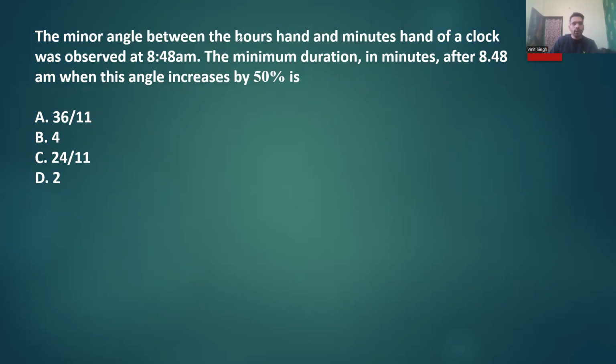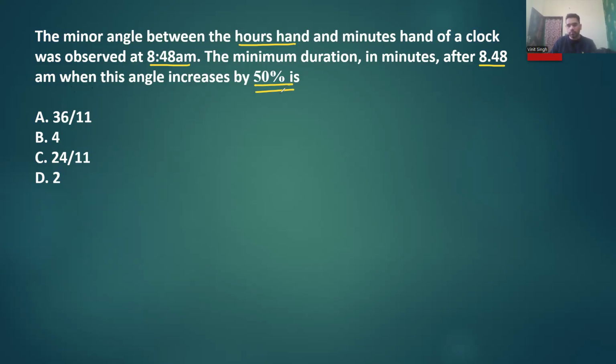The minor angle between the hour hand and the minute hand of a clock was observed at 8:48 am. Find the minimum duration in minutes after 8:48 am when this angle increased by 50%.